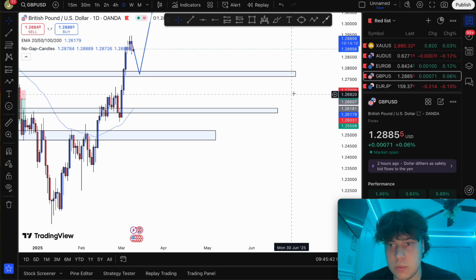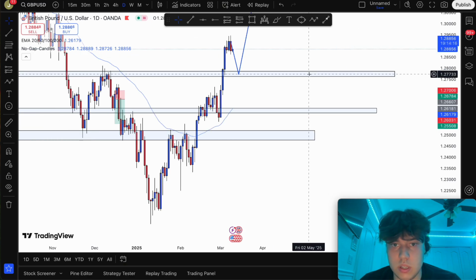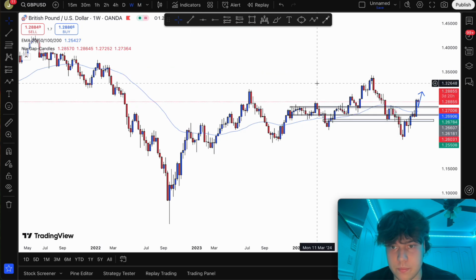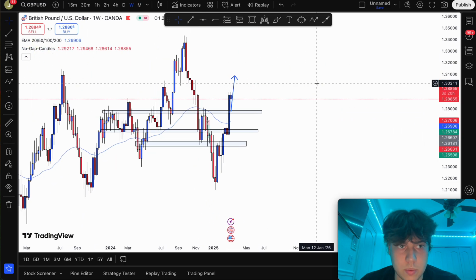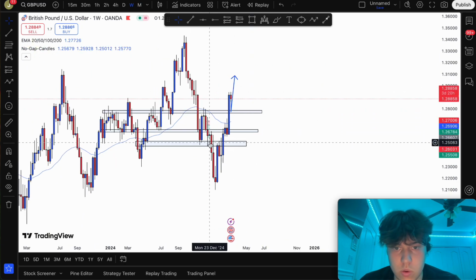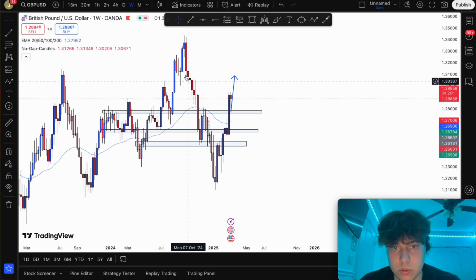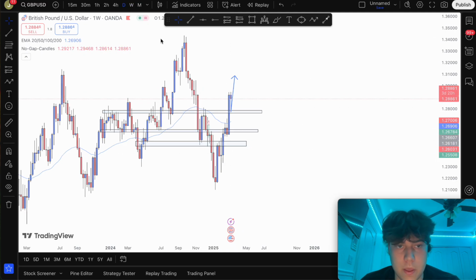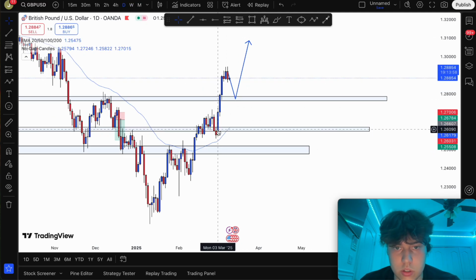Then we have GBP USD on the weekly time frame. We are bullish. We were bearish, and then we shifted structure. This is our higher low, and this is our current higher high. On the daily time frame, we are also bullish.